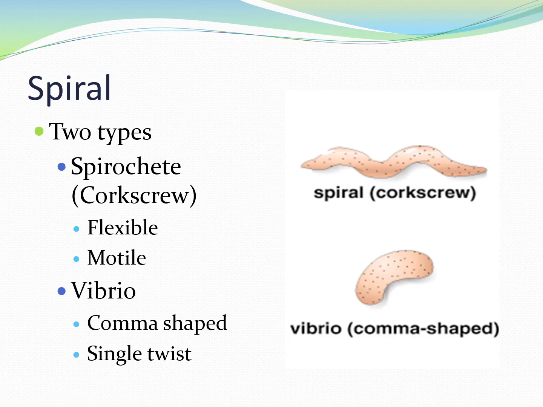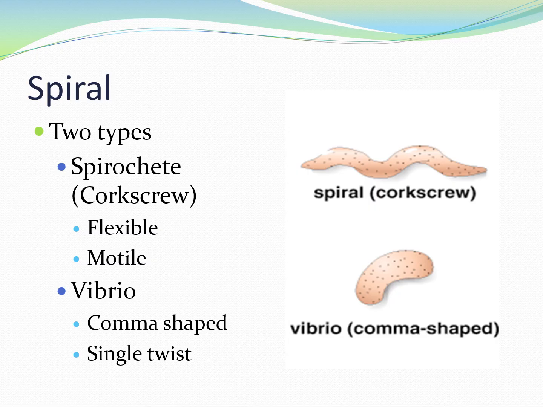So there are two flavors of these spiral shaped bacteria. You have spirochete, which is going to be more of a corkscrew type shape. What's kind of neat, the example I have for this guy is actually syphilis, the sexually transmitted disease caused by Treponema pallidum.